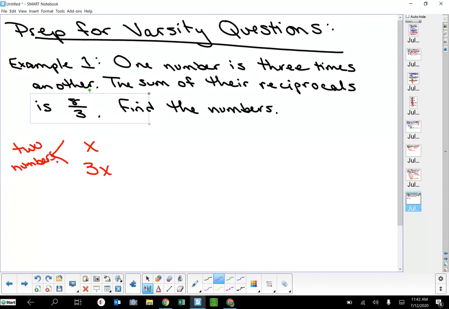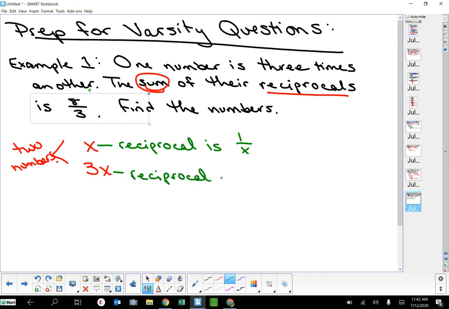Okay, now we're told the sum of their reciprocals. So the reciprocal of x is 1 over x, and the reciprocal of this guy is 1 over 3x, and we're going to add those together.